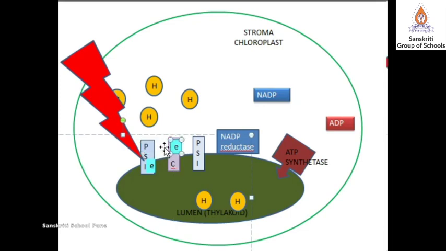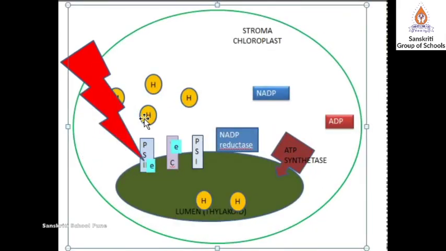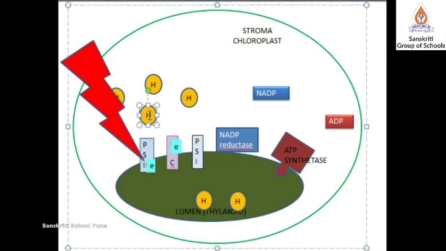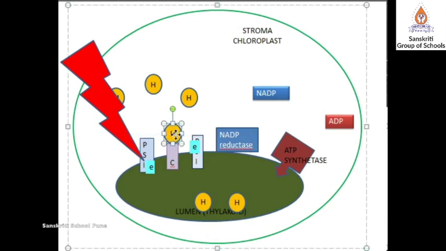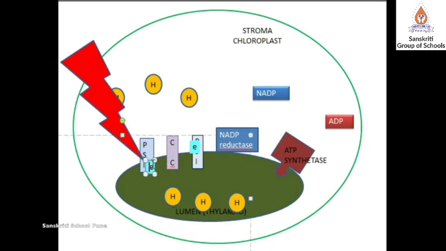When it jumps to the cytochrome complex, it pulls a proton from the stroma, and as soon as it pulls the proton, this activated electron moves on, and this proton enters the lumen. In a similar way, this electron again moves to the cytochrome complex.